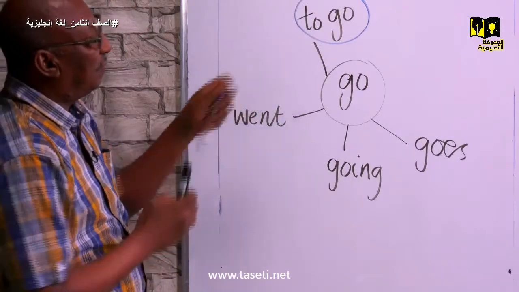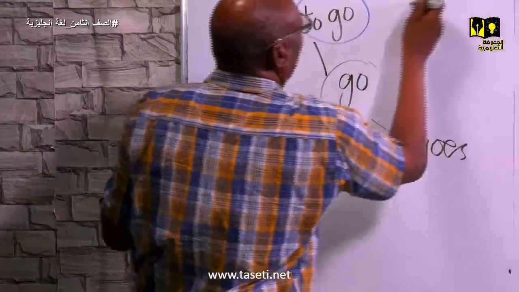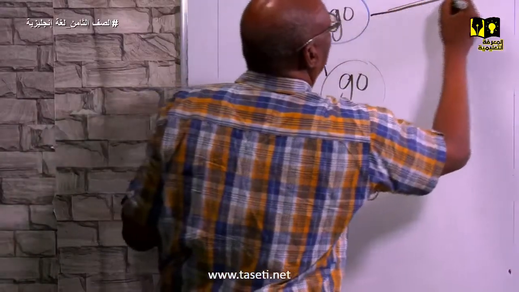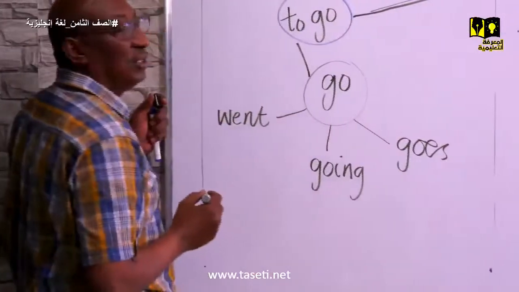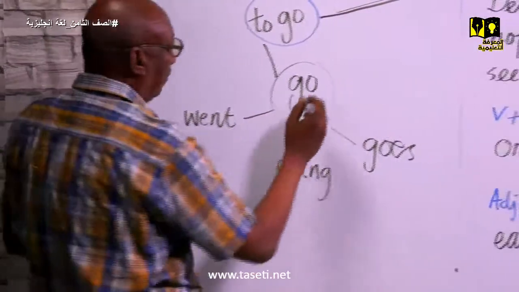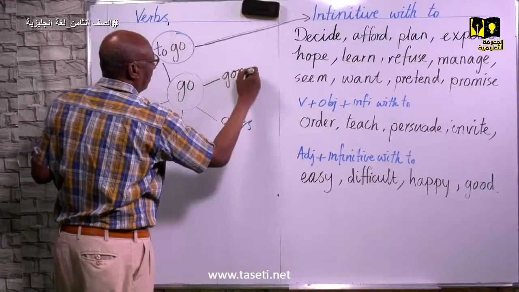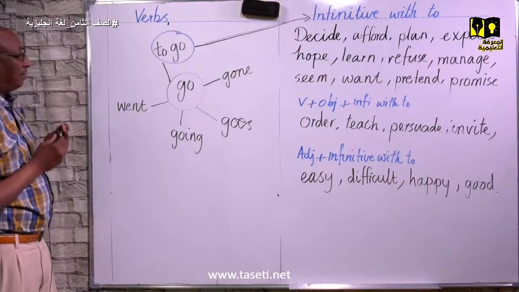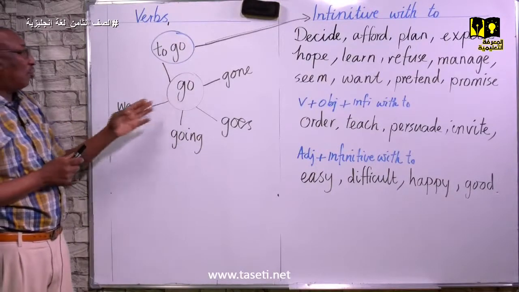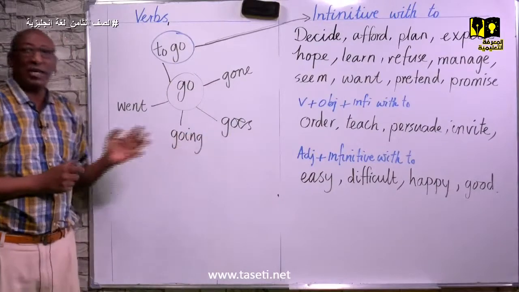Yeah, this is the infinitive with to, and this is our lesson for today. This is the infinitive with to. And also we have gone, right? And go, went, gone, goes, going.